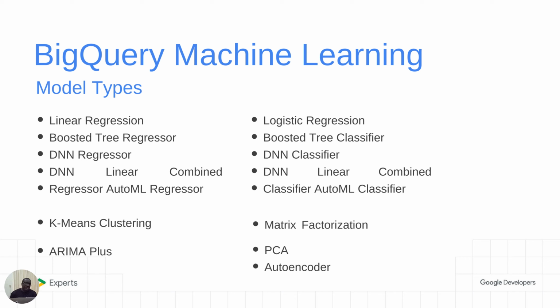So you've got logistic regression, boosted tree classifiers, you've got things like k-means clustering, matrix factorization for recommender systems. You've got time series with ARIMA Plus. You've got principal component analysis and autoencoders for things like dimensionality reduction.